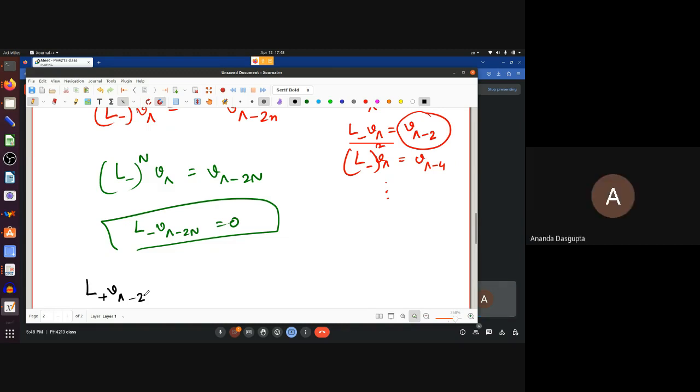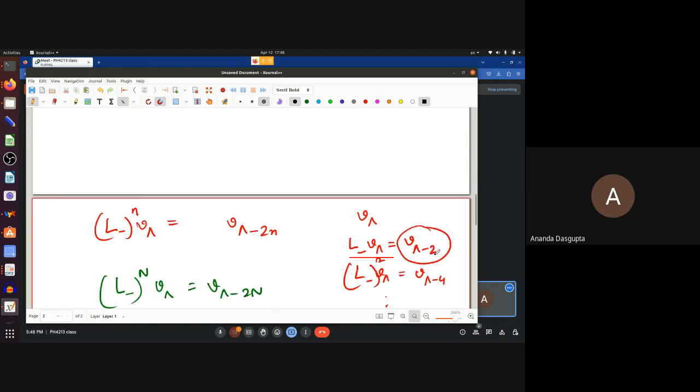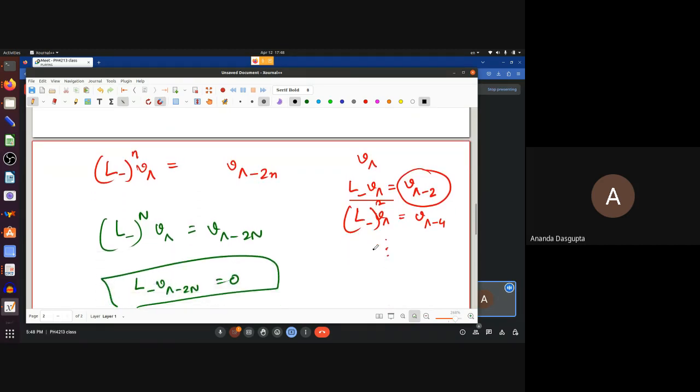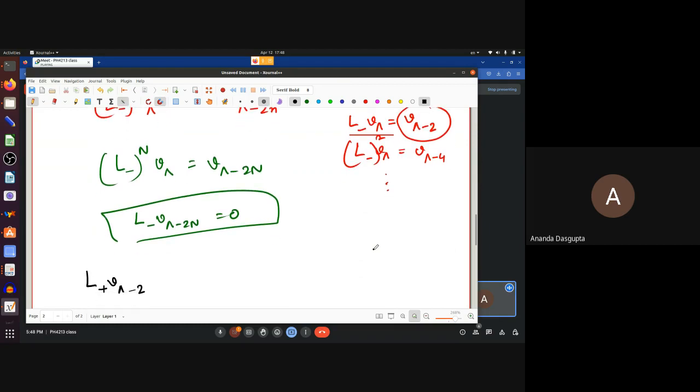And can I make that constant equal to 1 now? Why not? I did make the constant equal to 1 here, right? L minus acting on V lambda, I got the correct eigenvalue. Then I said, okay, let's make the constant in front equal to 1 and define V lambda minus 2 that way. But then why can't I play the same trick with L plus?